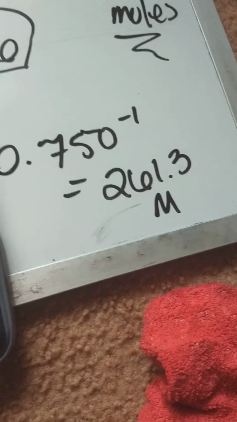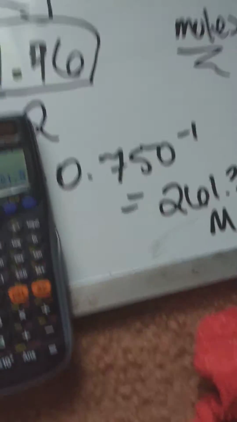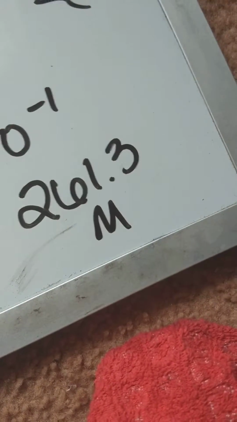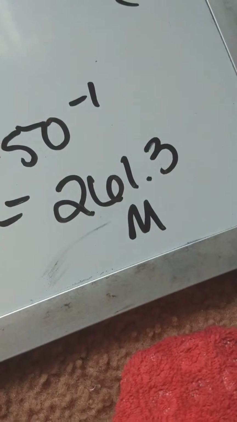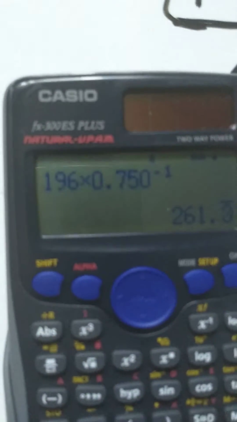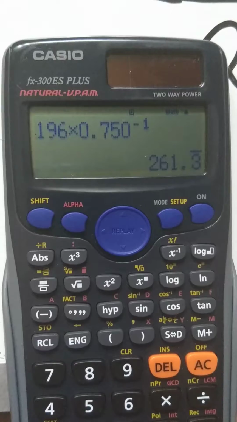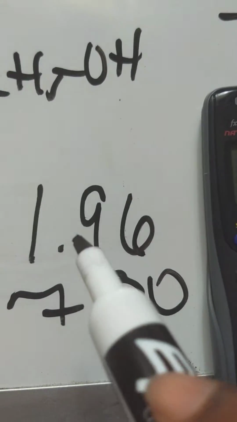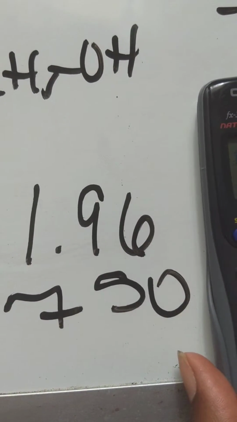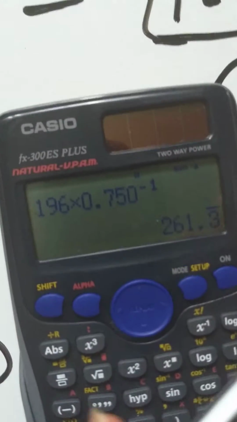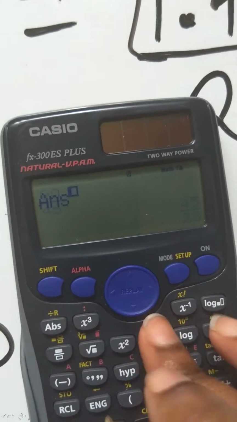Okay. Alright, so this is also a quick example on checking your calculator. What I have written down is 1.96 moles, but what I put into my calculator was a 196.